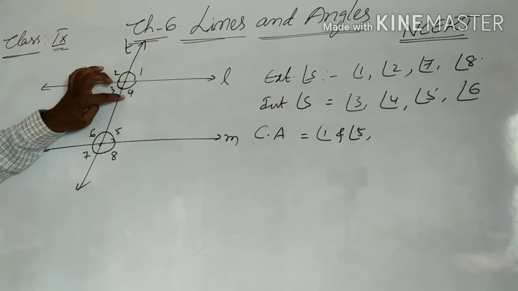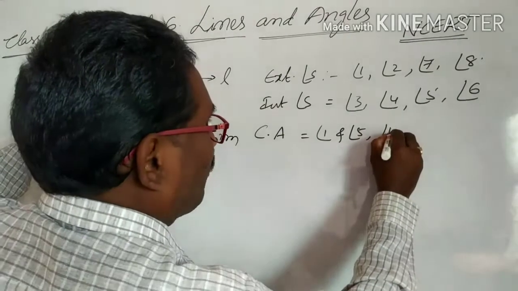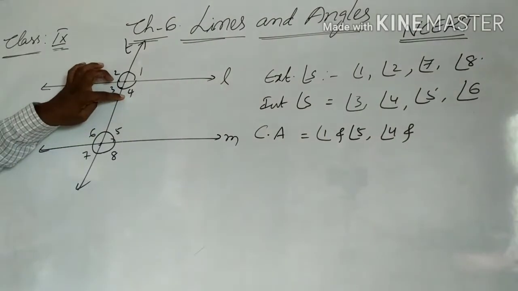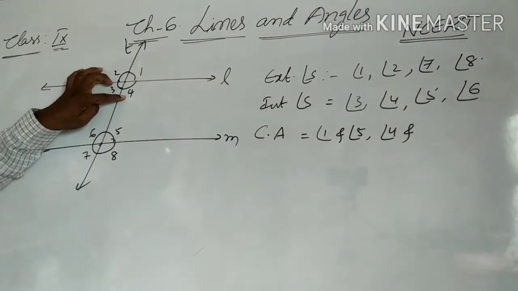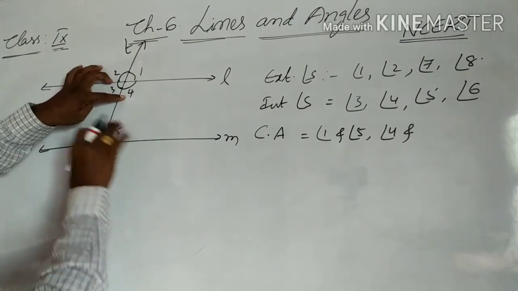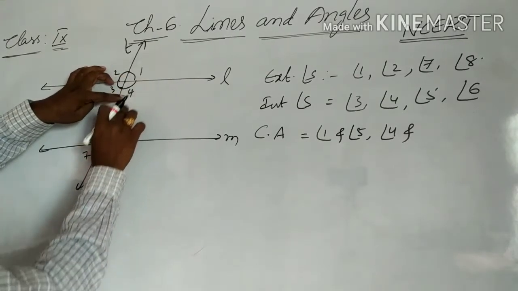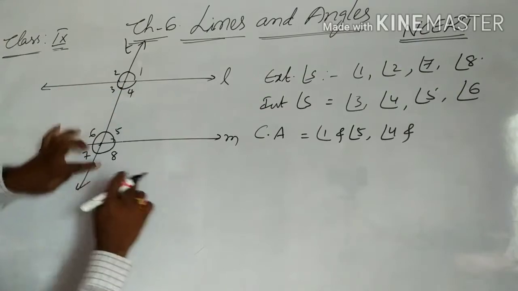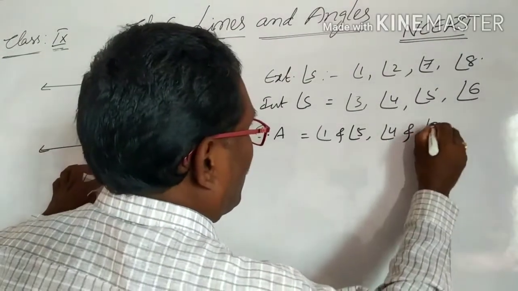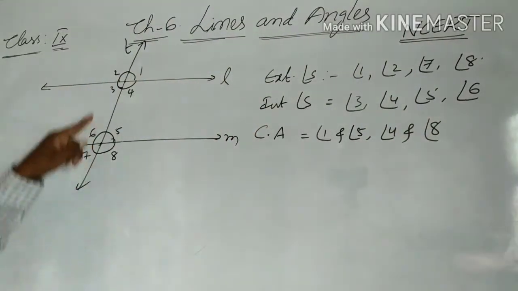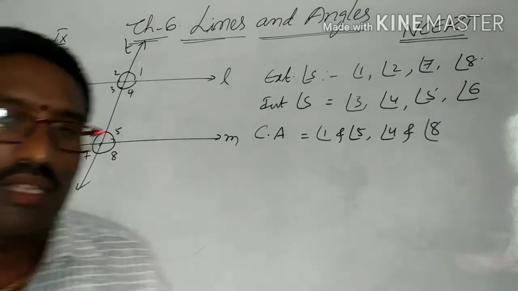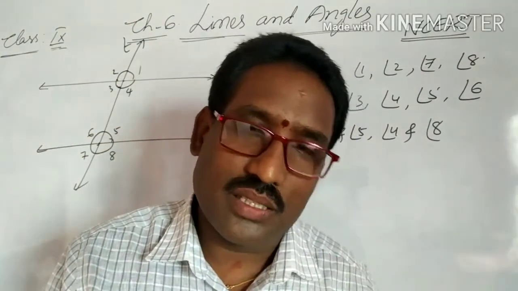Next, angle 4, corresponding angle what? Angle 4 is interior, so you take the exterior angle on the same side but not adjacent. That is angle 8. Angle 4 and angle 8. What did I tell about corresponding angles?